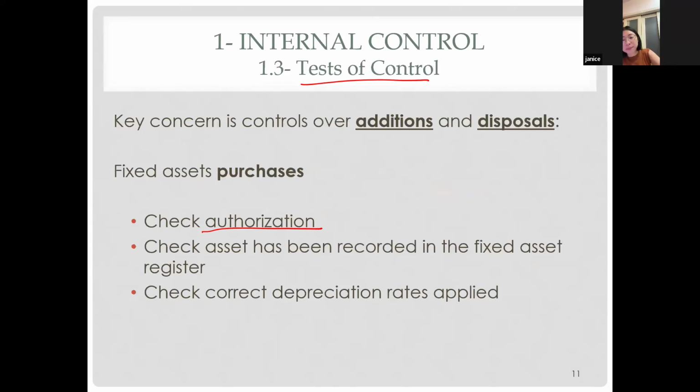How do they authorize something? They would sign it, right? They would have a signature to authorize it, right? And if they need something to be authorized, they need to prepare an authorization form, signatures. So we need to check the signature on the authorization form.